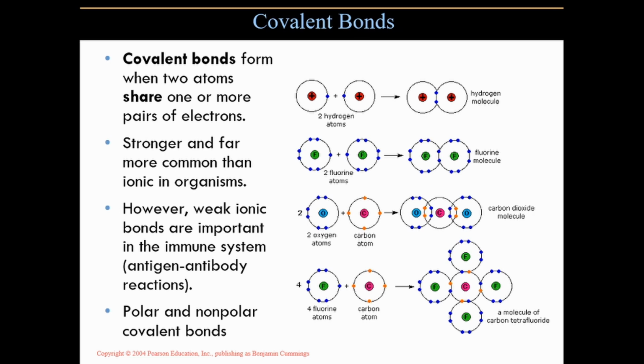You don't have the electrons being transferred, and there aren't ions, but the regions of charge start to form around these atoms, and we call those polar covalent bonds because these regions of charge form. Whereas with nonpolar, there are no regions of charge, and so therefore we say it's nonpolar. I'll talk more about that later in this chapter.